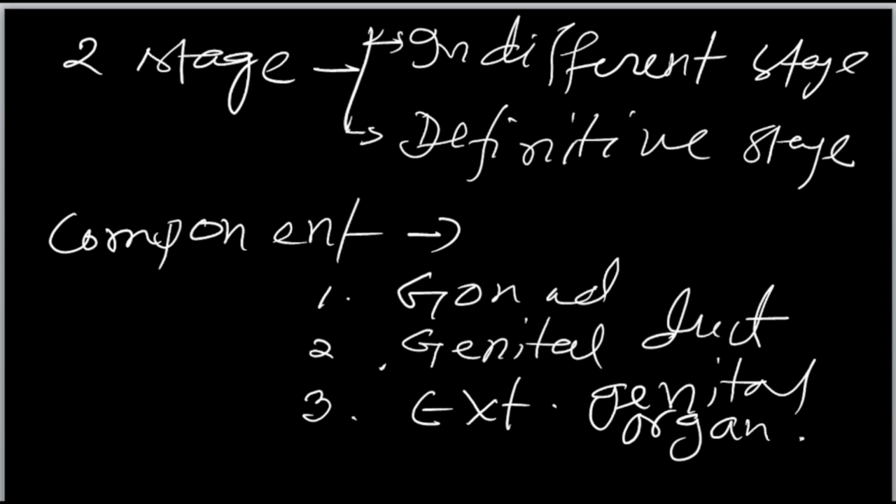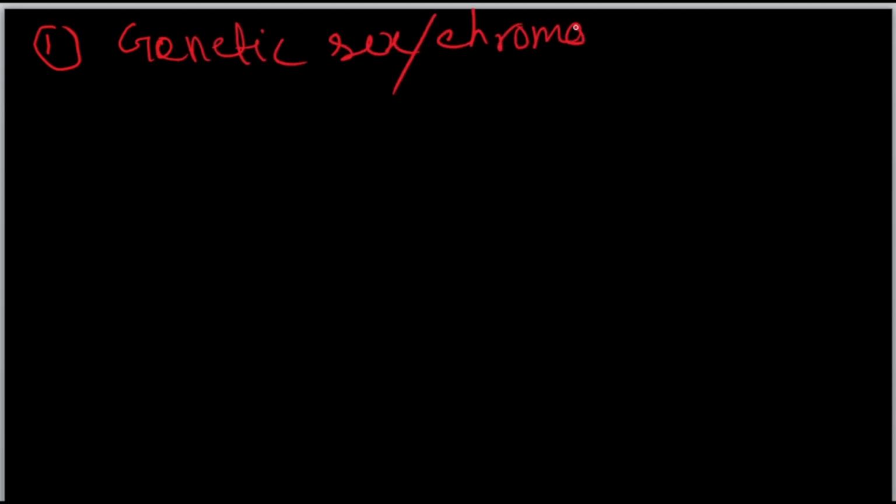Go through the next part. First of all, genetic sex or gonadal sex and phenotypic sex: from which time to which time these structures are developed, we will learn step by step. Chromosomal sex or genetic sex is determined during fertilization.